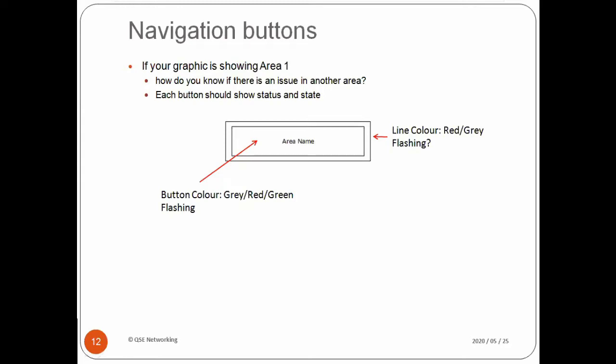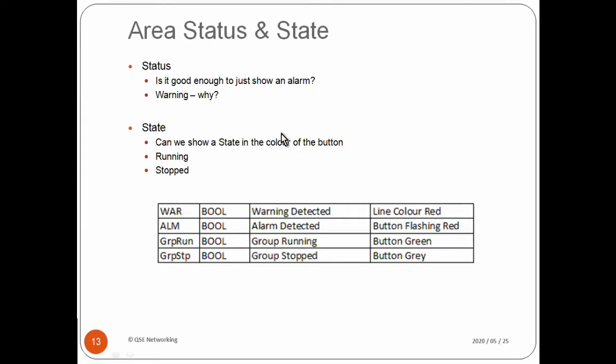So we will be changing that, but what I want to achieve is I want the border of the button or the object to show in red when there's a warning in that particular area, and I want the button to flash when there is an alarm in the area, and I also want to then show some status if the area or group is running or stopped. So I'm just going to go forward.